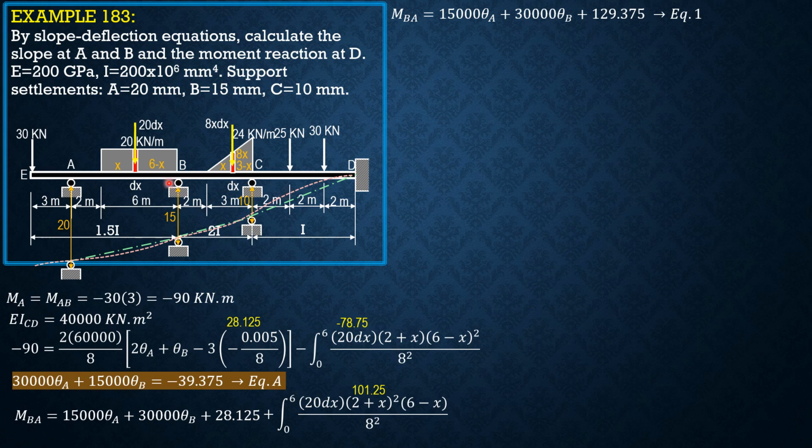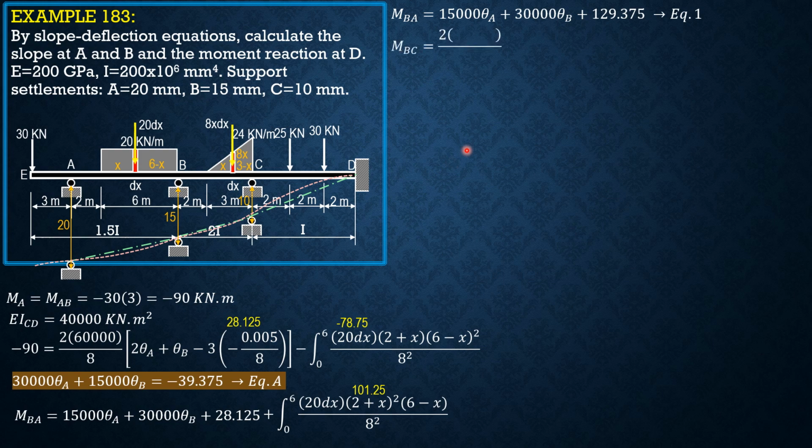Then MBC, moment BC, both ends have moments, so 2EI, 2 times 80,000 over L, 5, quantity 2 theta B plus theta C minus 3 delta over L. Again, the chord joining BC is rotating counterclockwise, and C is 5 mm above B, so therefore 5 mm is treated negative 0.005 meter over L, which is 5, so that's the delta.